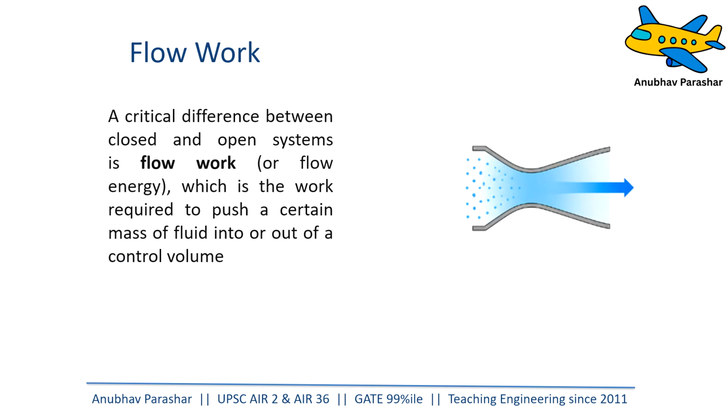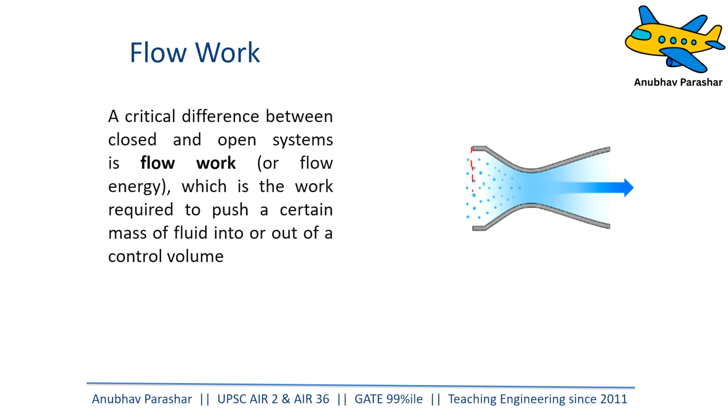Now let us see what is the critical difference between open system and closed system. We have discussed this earlier, but I would like to discuss this once again because this is very important and this is what defines the enthalpy. As I said, the mass is going inside the control volume. Let me define the control volume.